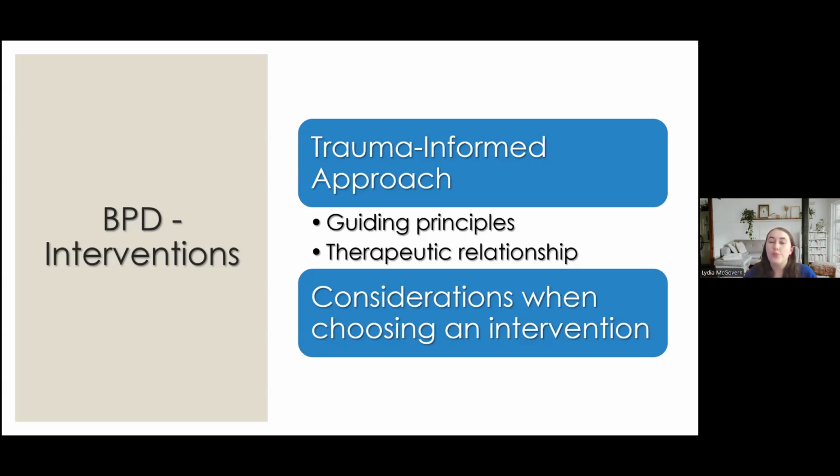The therapeutic relationship is very important to a trauma-informed approach. While choosing an intervention is important, the relationship between the client and the counselor is twice as effective as any of these interventions to reduce symptom severity and improve that client's satisfaction with treatment.